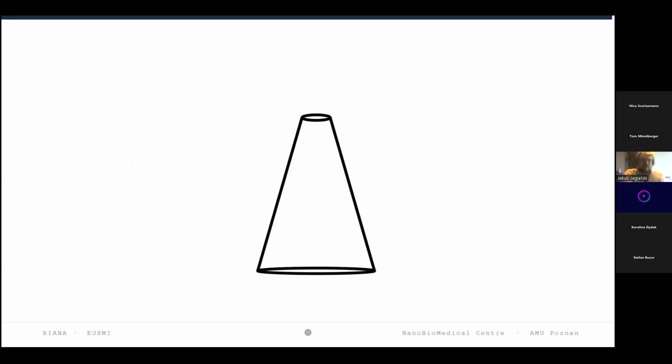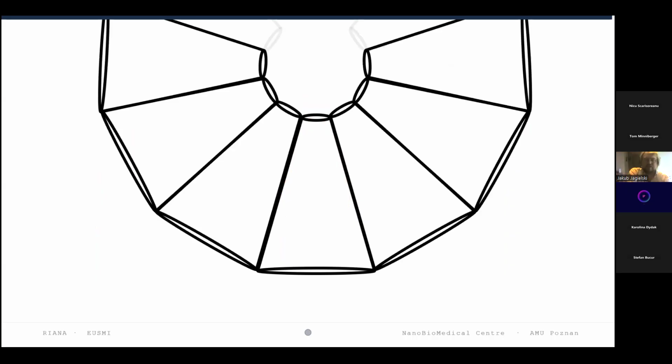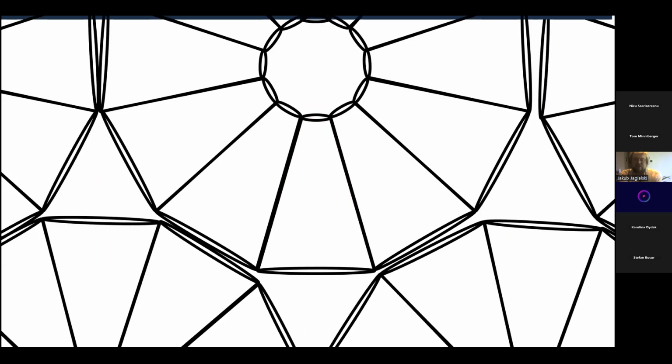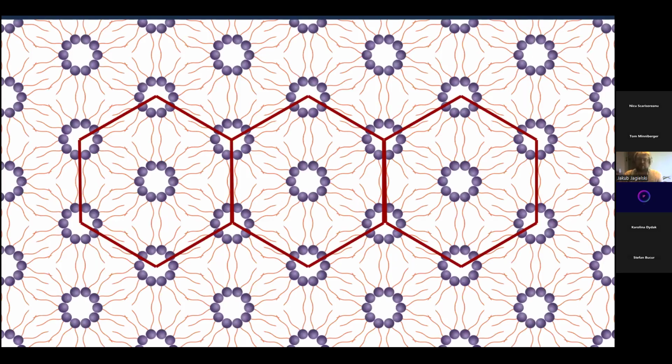Now let me show you, in a simplified way, how the geometry actually affects the self-assembly. When we stack our lipids one by one, they create such a structure. When we substitute with these lipids, you can see the two-dimensional hexagonal symmetry cross-section with hexagonal unit cells outlined.